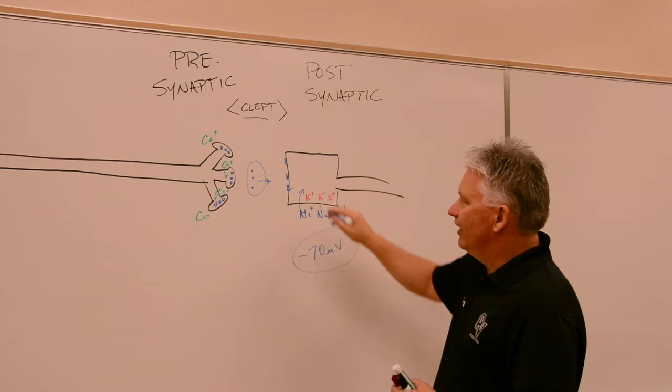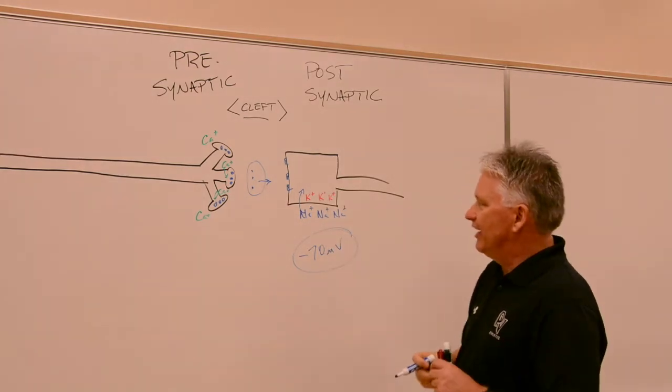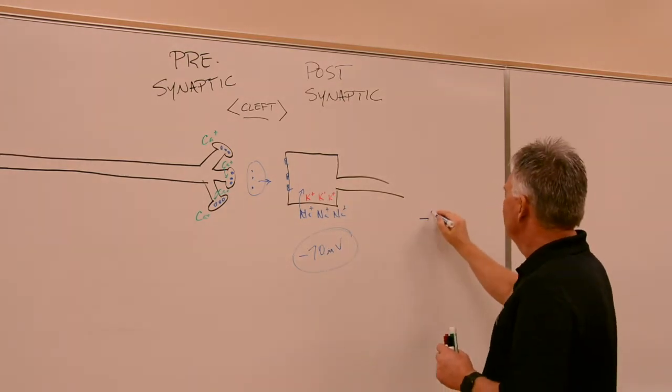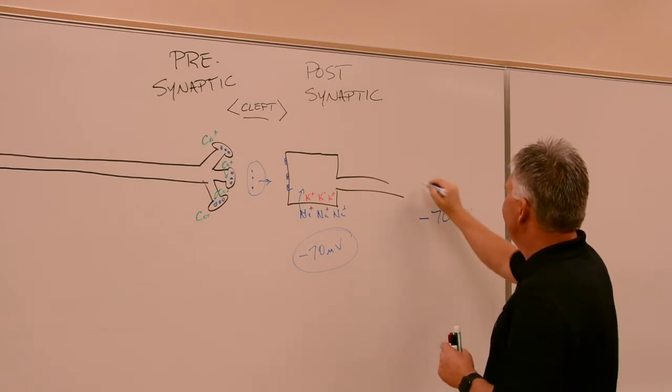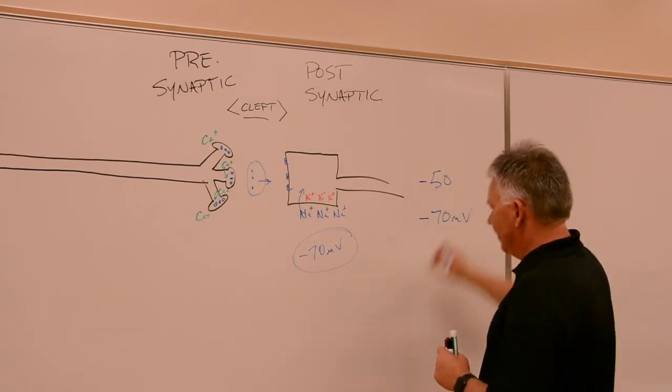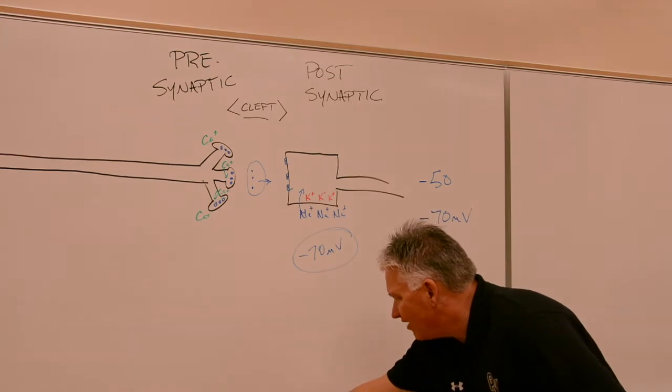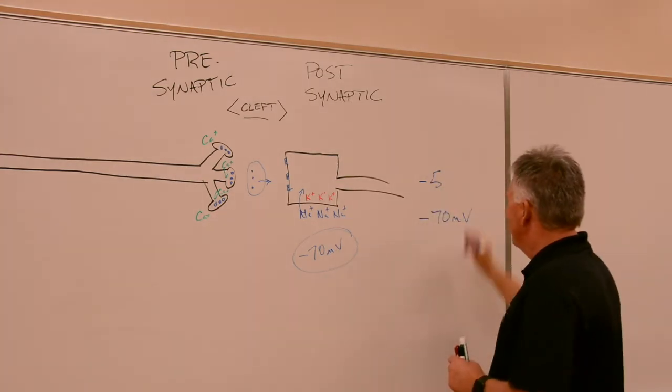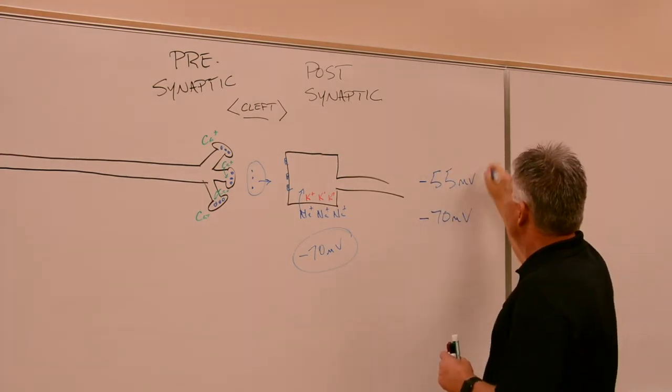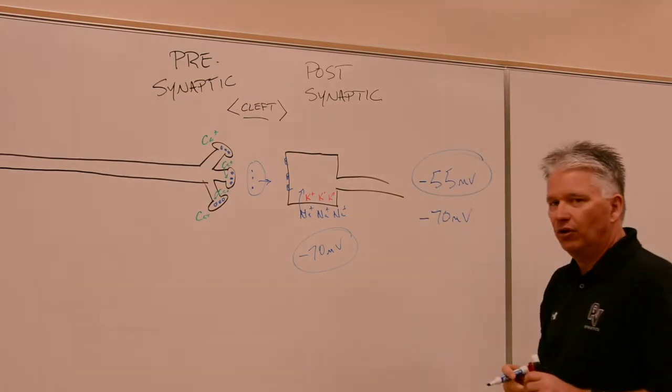So the question is, if you think of action potentials, we somehow went from negative 70 millivolts to negative 55 millivolts. We said that was our threshold. Well, how did we hit that threshold?